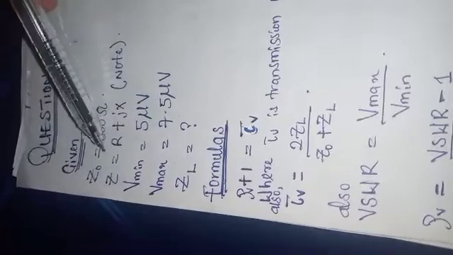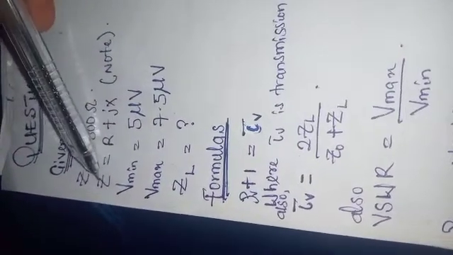We have the characteristic impedance of 300 ohms. Now, as you can see, I wrote here that you should note: when we talk about AC circuits, we talk about impedance, whereas in DC circuits, we talk about resistance.